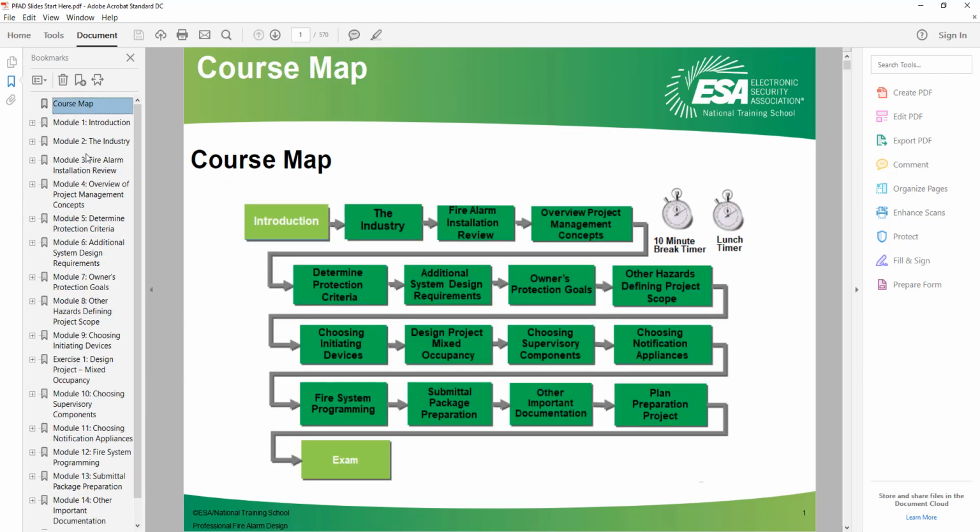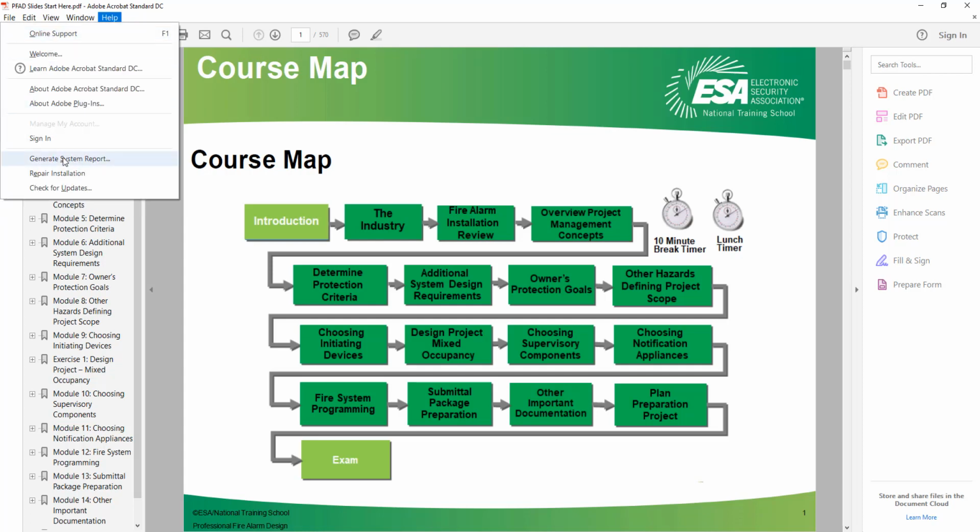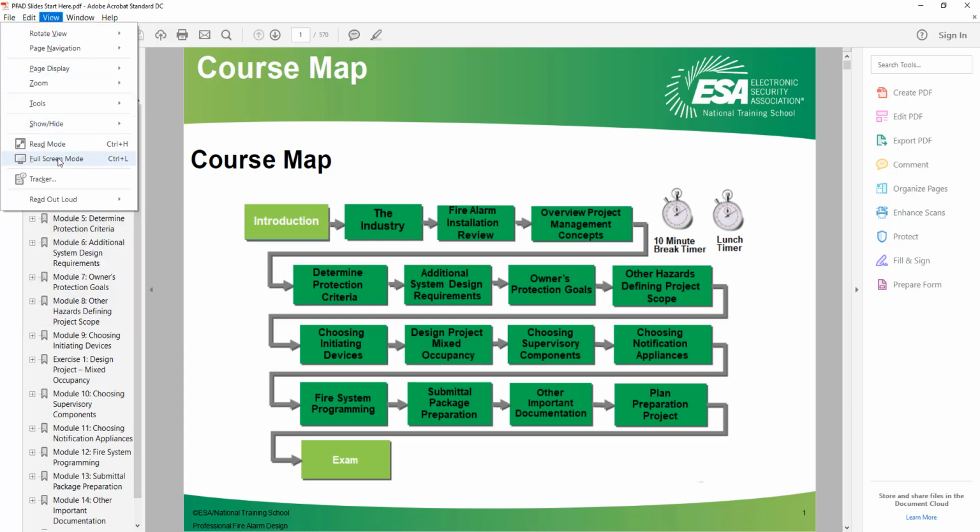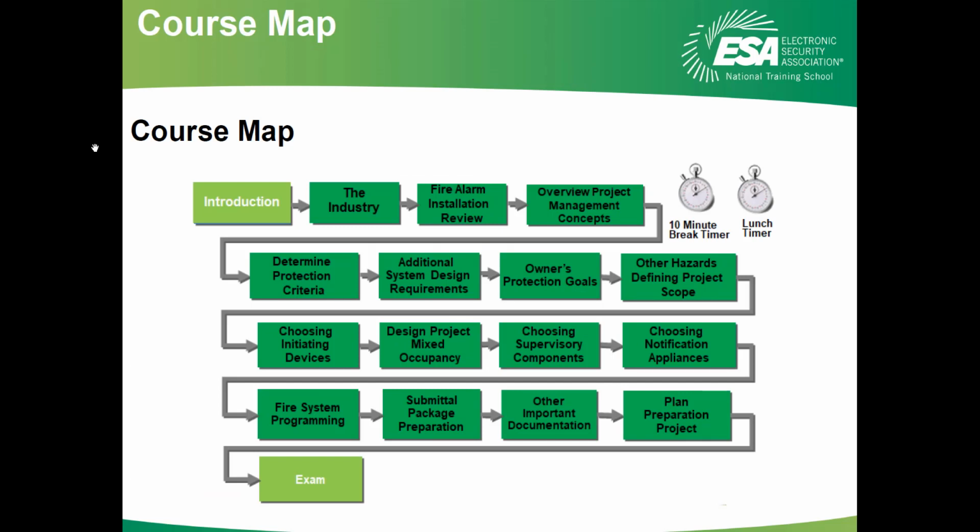When it's time to actually view the course and teach it, you can put it into a standard full screen mode by going to View, Full Screen Mode. This will function very similar to PowerPoint's view mode that you're familiar with. To navigate the slides, you can use many different functions and keys. You can either use the mouse wheel to scroll up and down through the course.